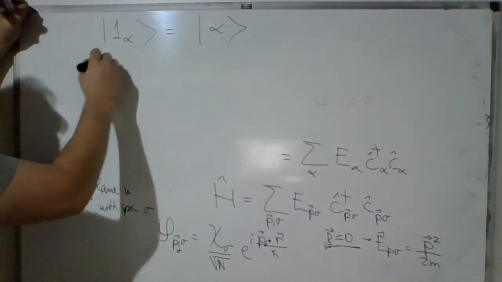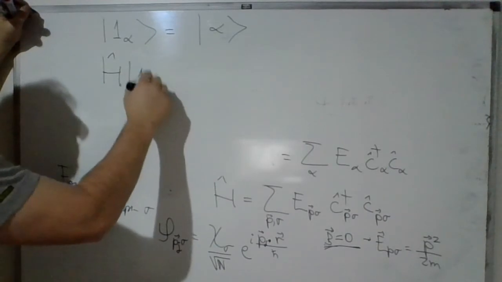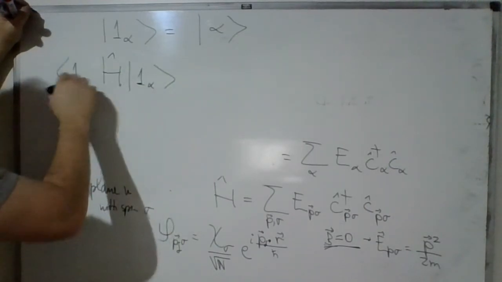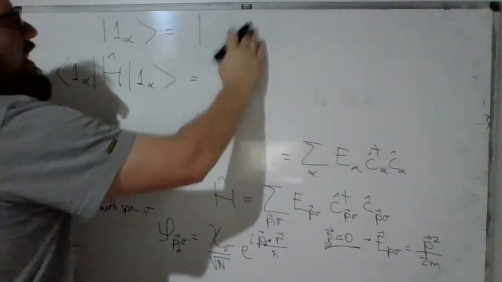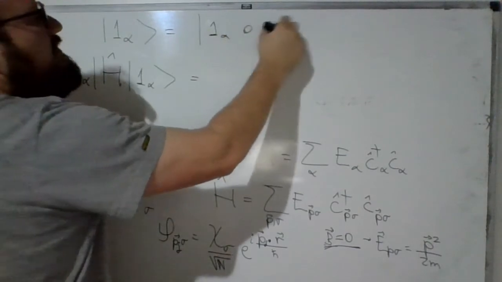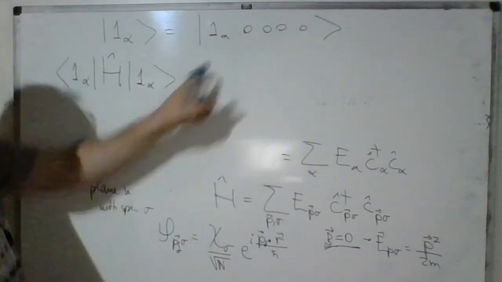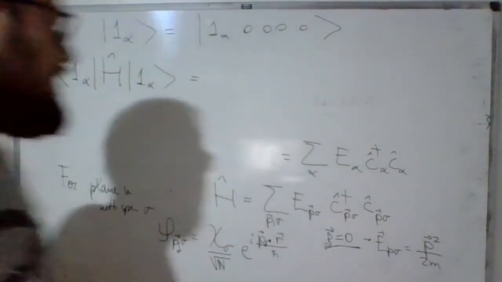When you apply the second quantized Hamiltonian to this state, 1 alpha, and you calculate the average, what you would find, so this state has one particle in the state alpha and zero particles in other states. Okay, this is the state. There is only one particle in your problem, just one particle overall.